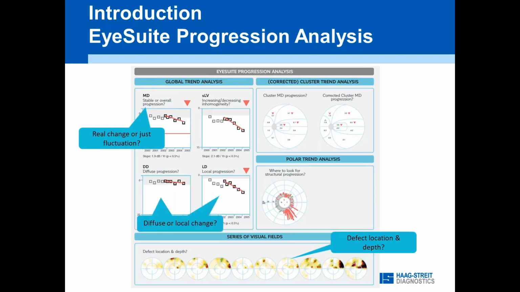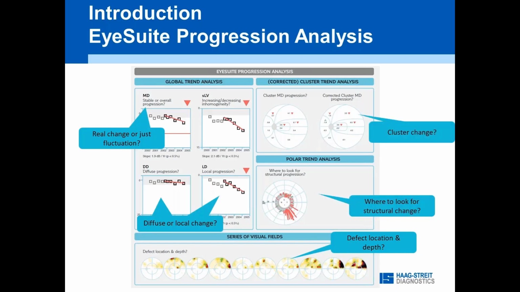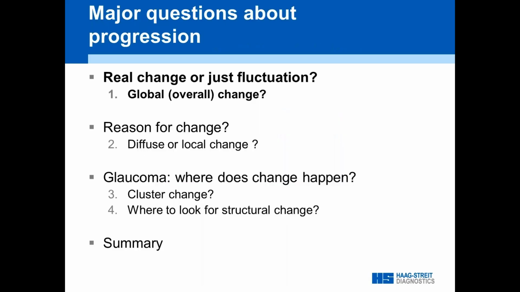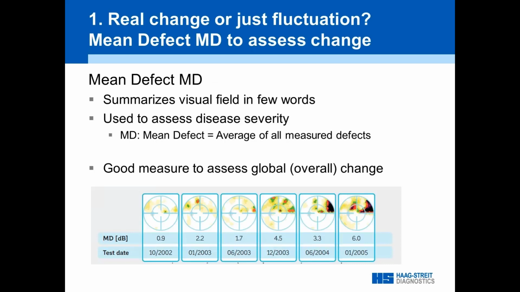We look at local and diffuse change, and I'll get to why this is helpful. And we look at cluster change, and also with the cluster trend analysis and the polar trend analysis, we can look at where to look for structural change. So let's start with question number 1. Do we actually have real change or just fluctuation? I will set this up starting from the beginning on how a trend analysis works.